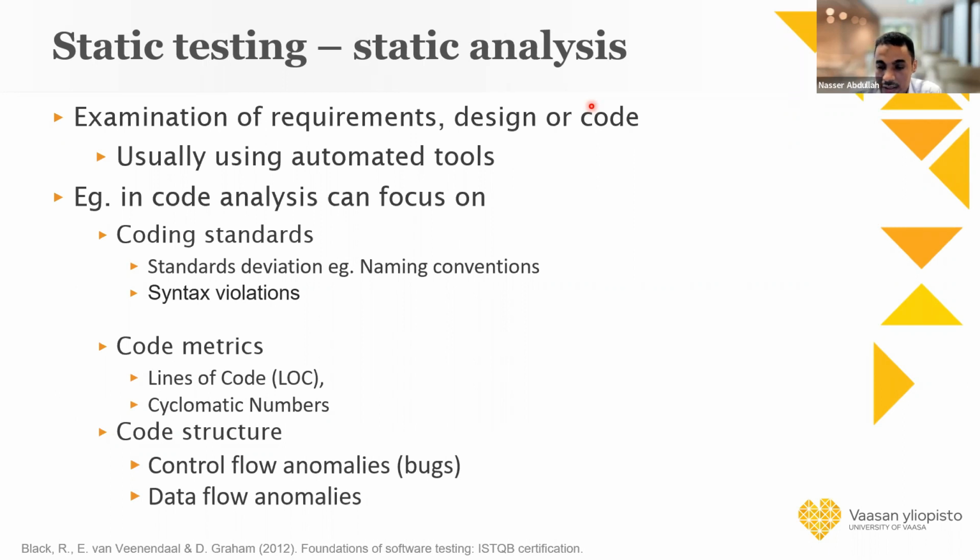As I mentioned, this analysis mostly uses tools, because sometimes it is difficult otherwise. As I told you, it can also be done by methods. This type of static analysis uses tools to detect defects.